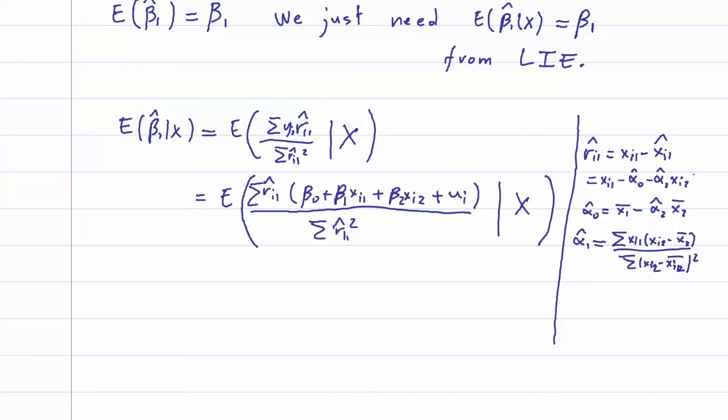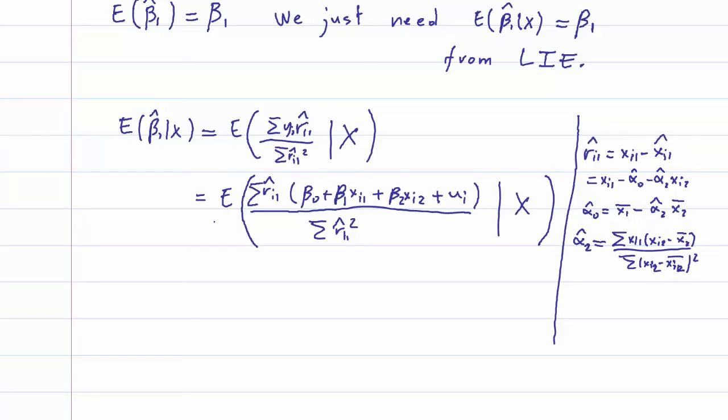And ri1 is a sum of some things that just depend on xi's. So xi1 and alpha 0 depend on xi1 and xi2. Alpha 2, let me correct this, alpha 2 also depends on xi1, xi2, and then we have x2 bar. So here, ri1 is a function of x1 and x2.